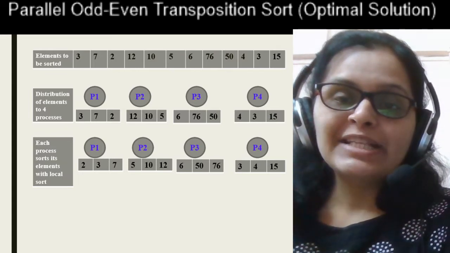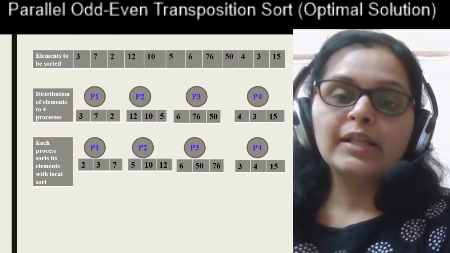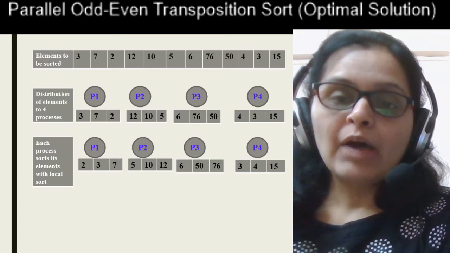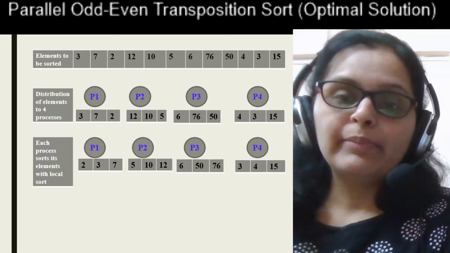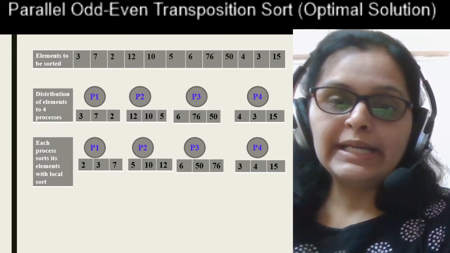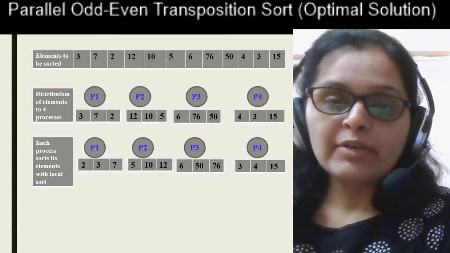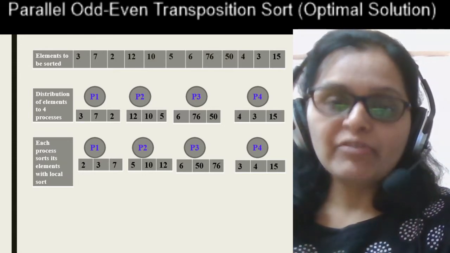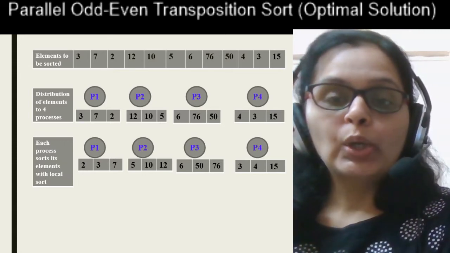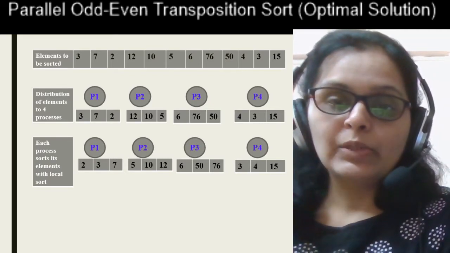So here P is 4. So we will get the results, that is the sorted array, in 4 steps, out of which P by 2 will be even, P by 2 will be odd. So how? Here P is equal to 4. So we will get the sorted array after 4 phases, out of which 2 will be even and 2 will be odd. So let us see how.